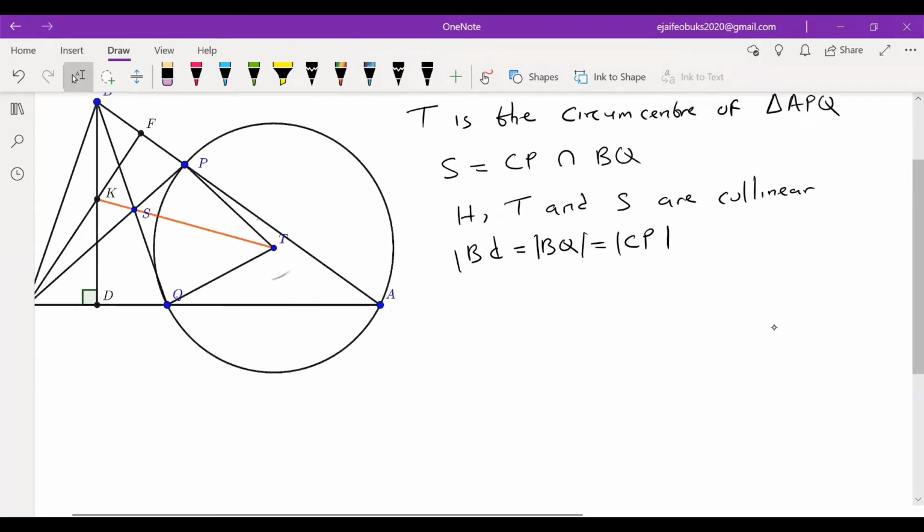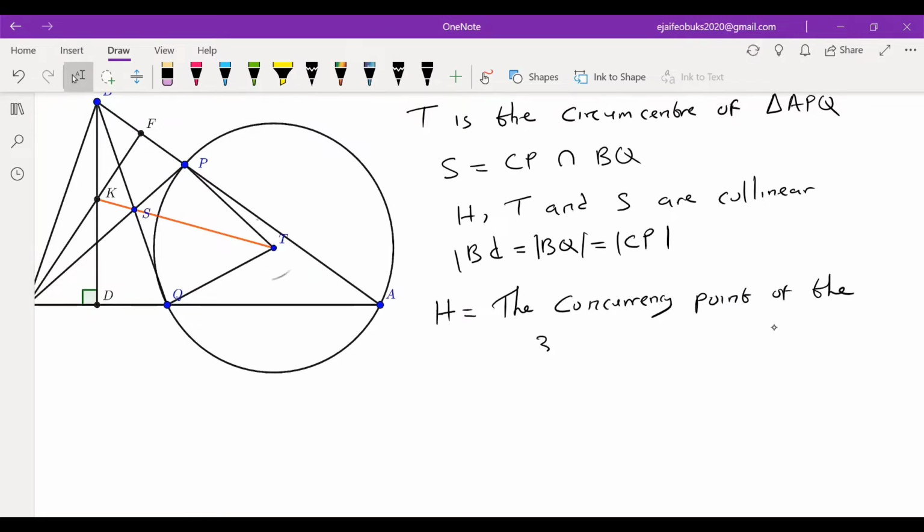Okay, H is the orthocenter. The orthocenter is the concurrency point of the three altitudes. That's what H is.